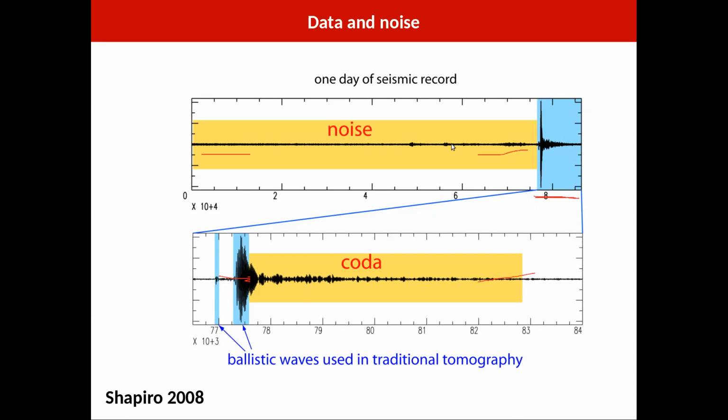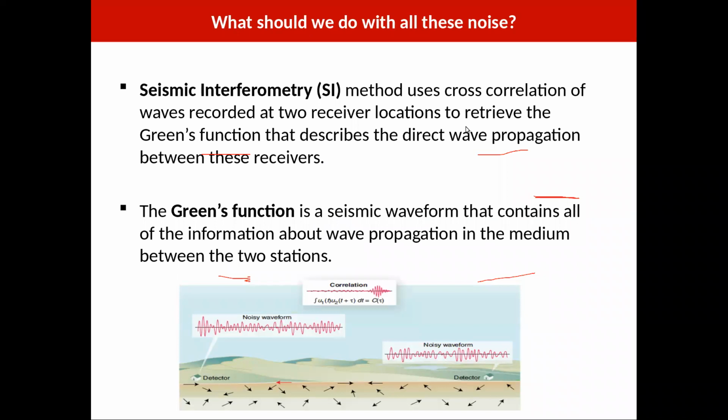You can go months without a major, strong earthquake happening, so then all your data seems like noise. If we could find a way to make use of this noise, that would be great, because we're recording and saving it. That's where ambient noise tomography comes in, because this data is already available.